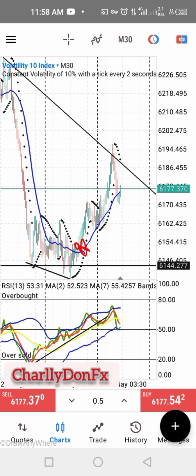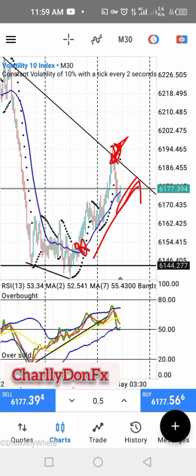Can you see? And the market trended upward. So look at that trend line that we plotted. Immediately it got here, that's when you're supposed to take your first TP. You must have made a lot of money. You take your first TP there and wait to see the market reaction.